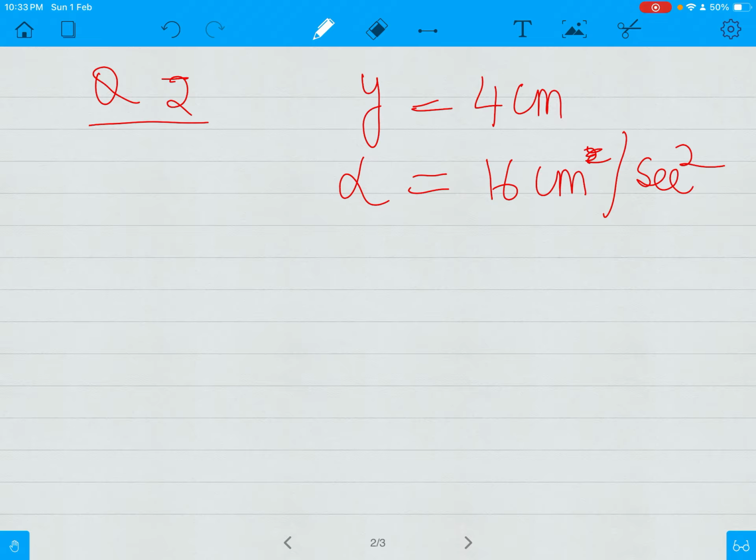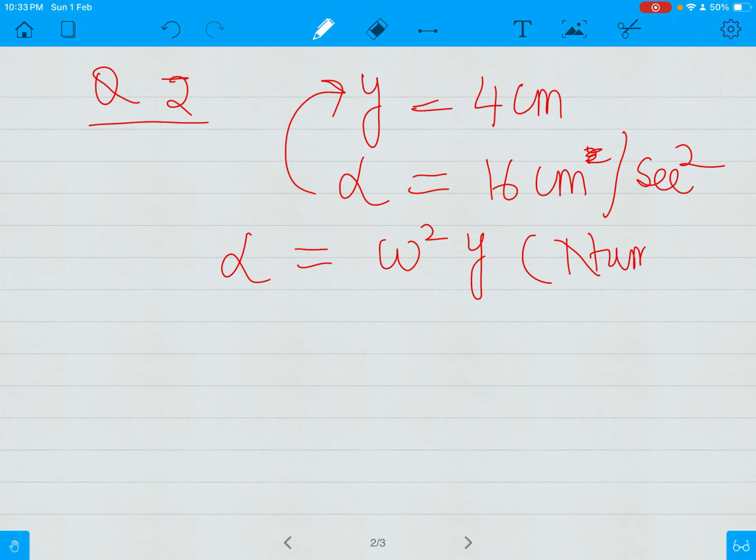You have to determine the time period of oscillation. Now what is the relation between alpha and y? You know alpha equals omega square y. Numerically the relation is this. About the minus sign, I have already told you that it signifies that alpha and y are in opposite directions.